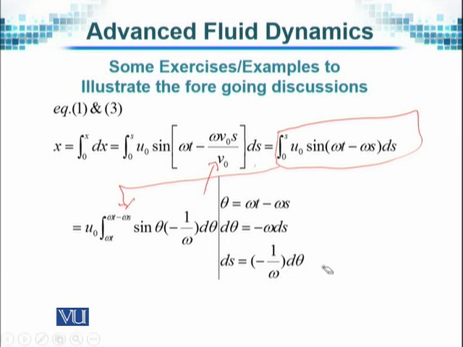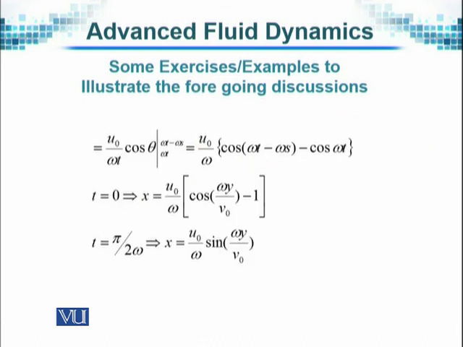You can see that it looks like a very simple, sweetly placed form which is very easy to integrate. Integrating, the integral of sine theta is cos theta with the negative sign, and we obtain here u naught over omega times cos theta between the lower limit and upper limit of the integral.